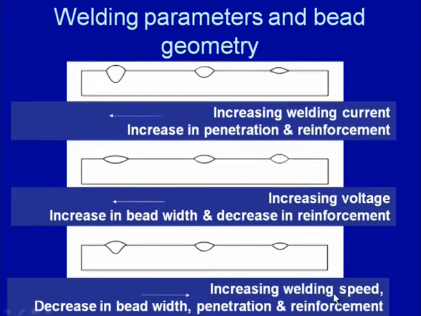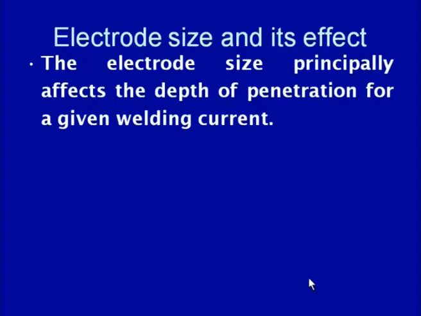So, increasing welding speed decreases the weld bead width, penetration and the reinforcement. So, this is what we can see geometrically, the effect of the various welding parameters: welding current, welding voltage and the welding speed. The electrode size is another important parameter that affects the weld bead geometry and its penetration.